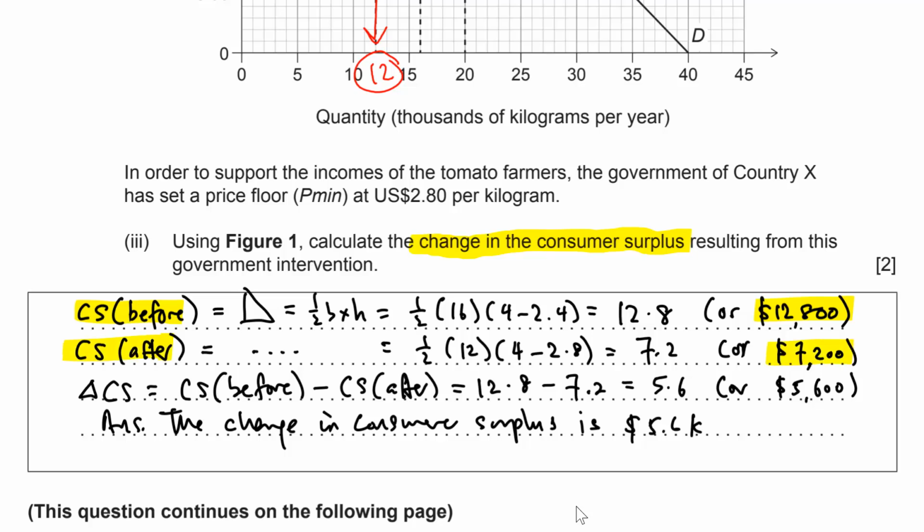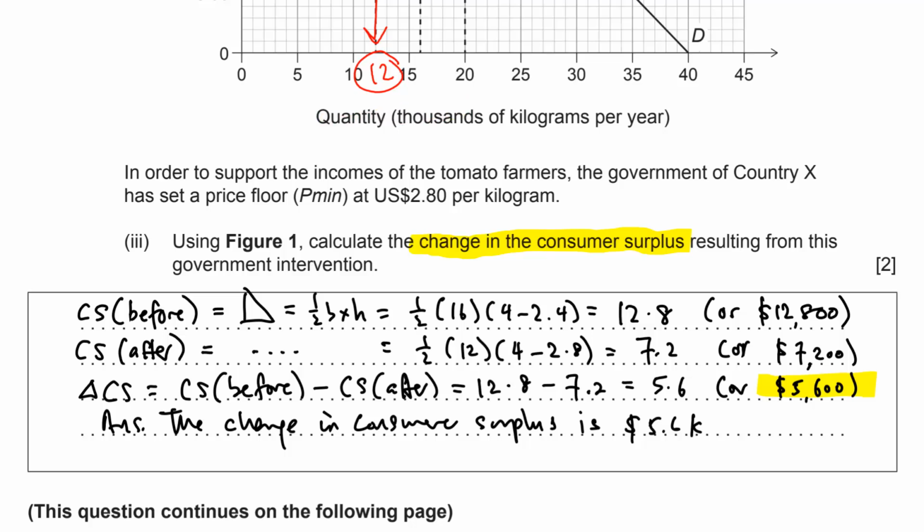So to answer the question, what is the change? Remember, I've got to figure out the change in consumer surplus. We'll simply take the 12,800 minus the 7,200. So the delta in consumer surplus is the consumer surplus before the intervention minus the consumer surplus after the intervention, which is going to be 12.8 minus 7.2, or 5.6, or $5,600, because remember that horizontal axis is measured in thousands of kilograms.